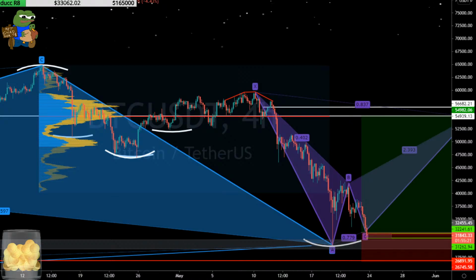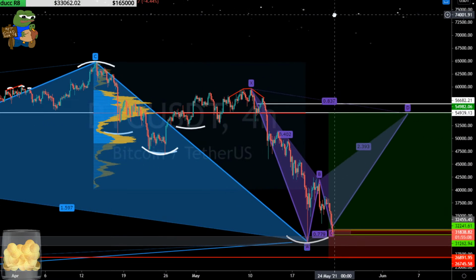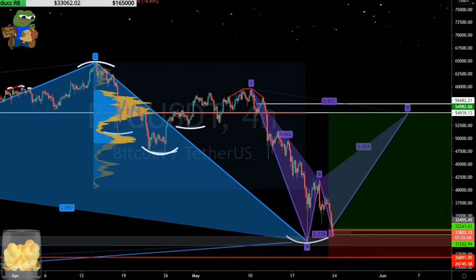How was your overall mood? How was your overall mindset? How was your sleep schedule? How was your quality of life? How were all these things when you traded this position on spot versus how you would have previously traded it on leverage? How did it make you feel?